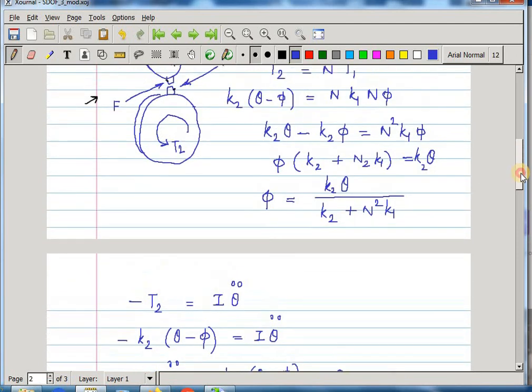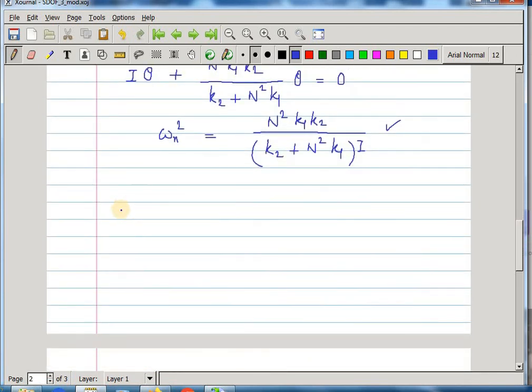Now you can also do it by energy method.